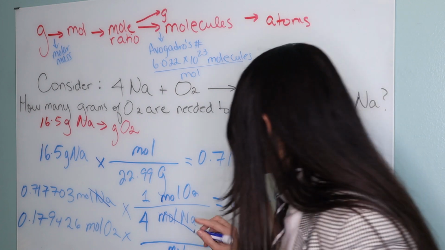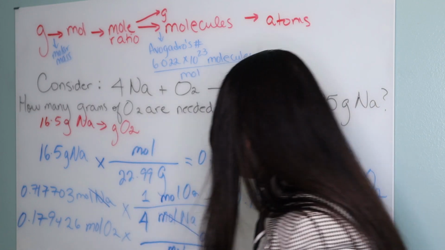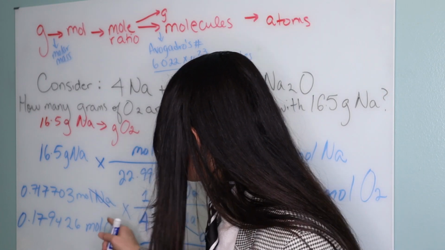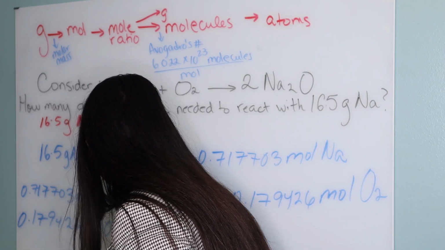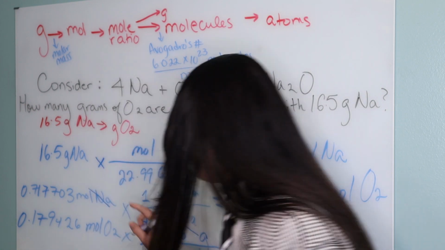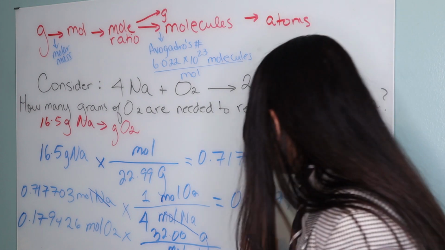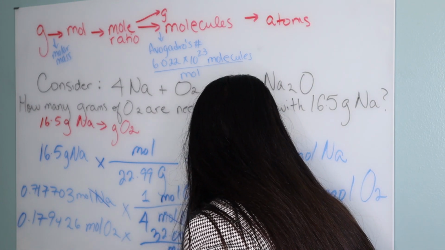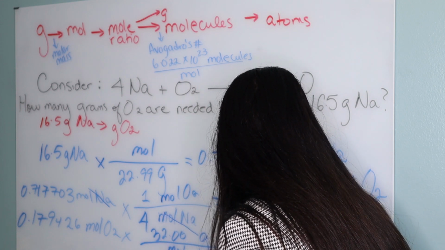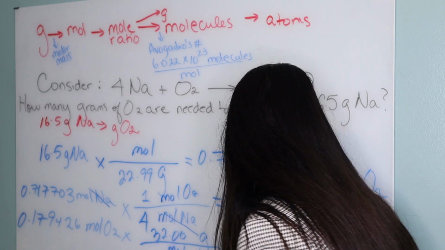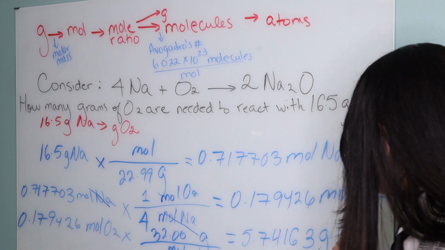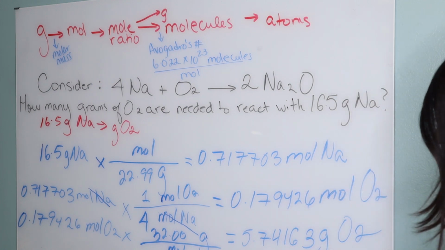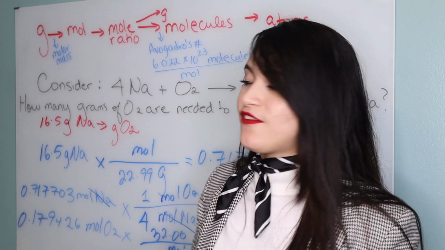Whatever I want goes on the top, and I want grams. The molar mass of dioxygen is going to be 32.00. You're going to plug this into your calculator, and the answer comes out to be 5.74163 grams of dioxygen.